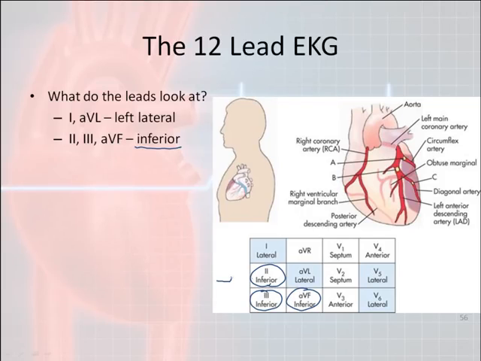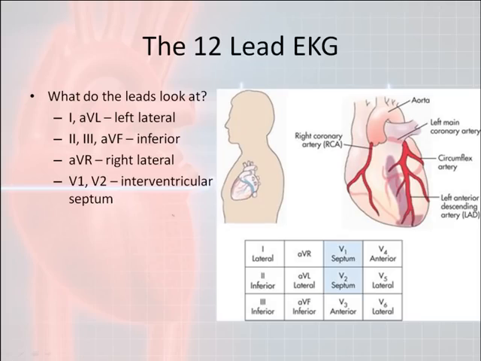So if you have ST segment elevation in 2, 3, and AVF, then you know you're having an inferior wall MI, which is actually going to be down here. If you want to see the interventricular septum, you look right here in V1 and V2. If you have ST segment elevation in V1 or V2, it's considered a septal MI, which right there is the interventricular septum.